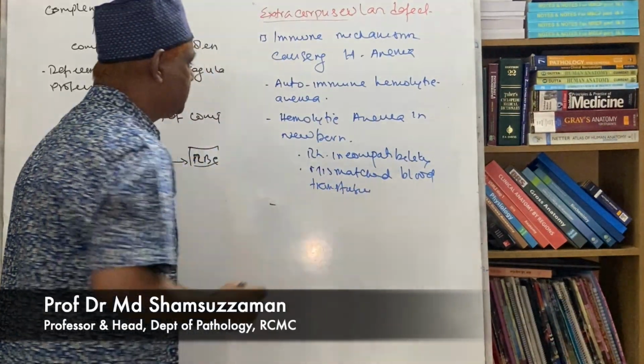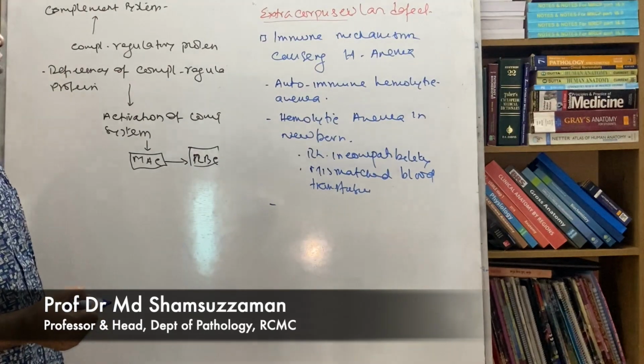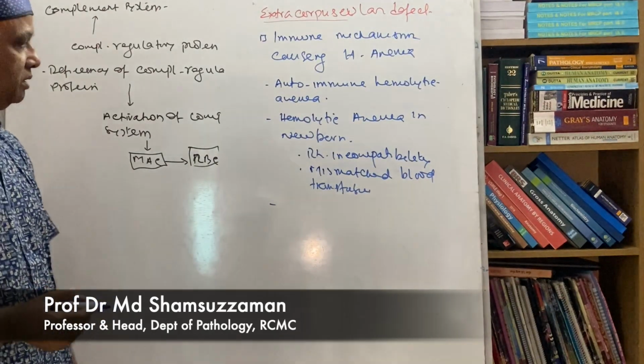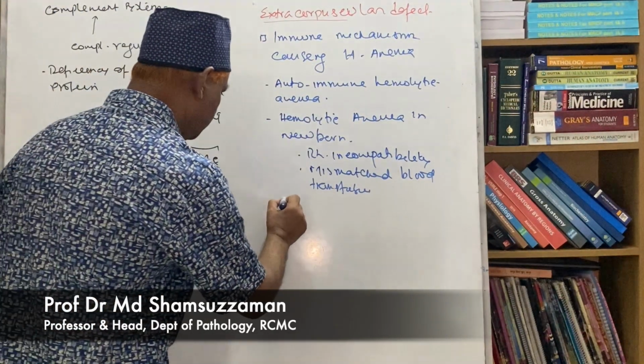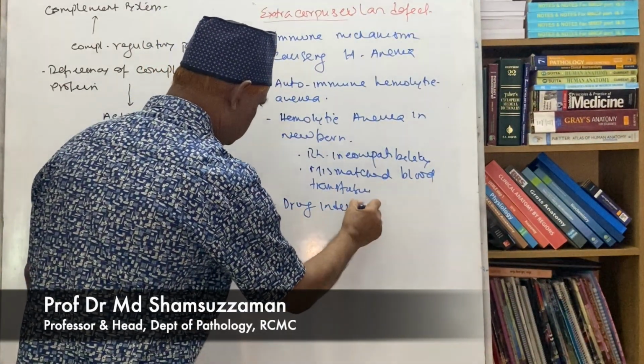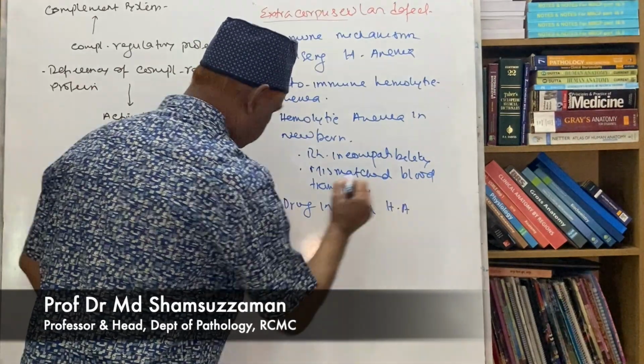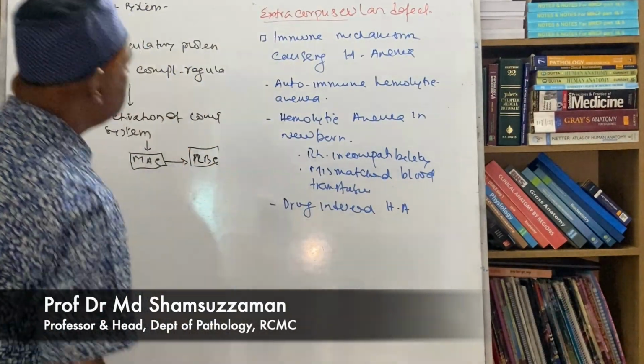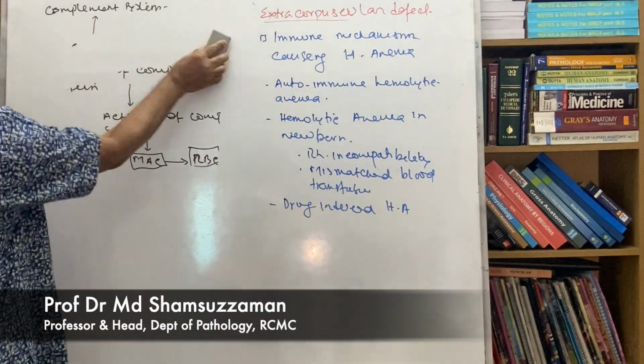Besides this, there is another type of immune mechanism causing hemolytic anemia, drug-induced hemolytic anemia. So these are the immune mechanisms causing hemolytic anemia.